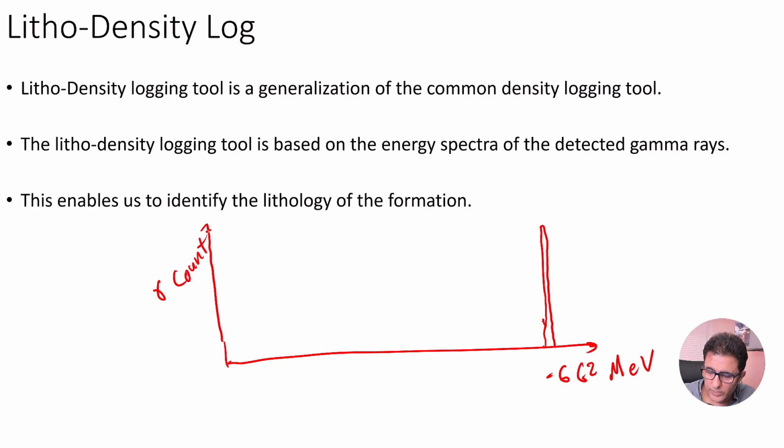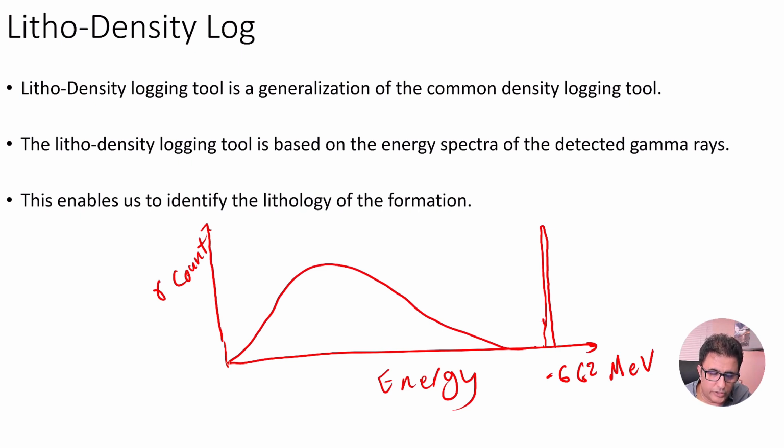But when the gamma ray travels through the formation, their energy will be attenuated. So assume that we not only count the gamma ray, we detect them, but also we measure their energy. If we do that, and if we plot the number of detected gamma ray versus their energy, then we're going to end up with a curve like that.